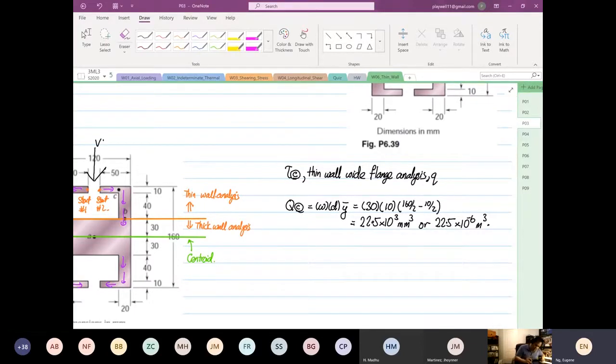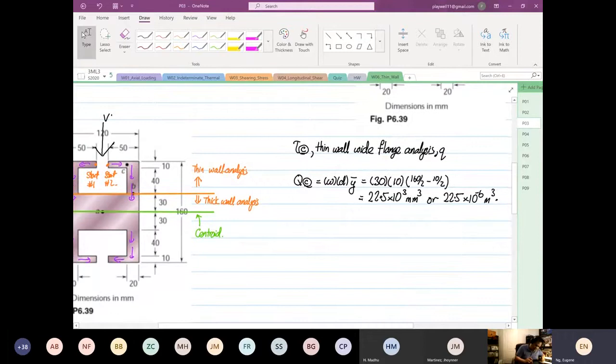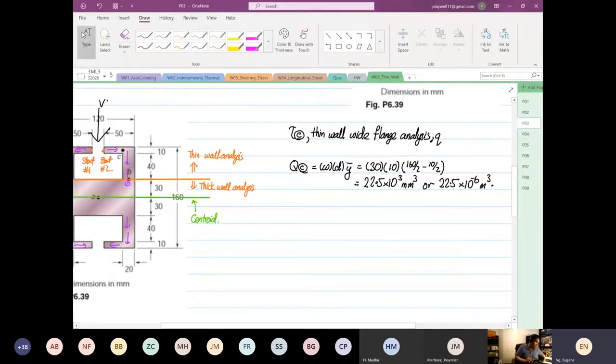Okay, so we can now directly find. Once, the most difficult part is finding the first moment of area, yes or no, right? So from here, the shear at point C is equal to Vy over Izz.